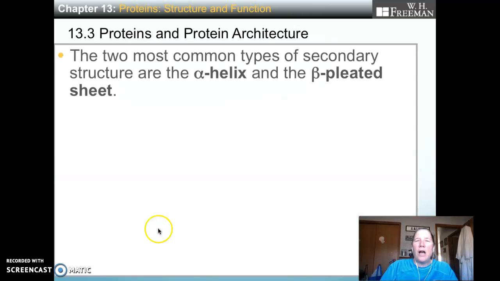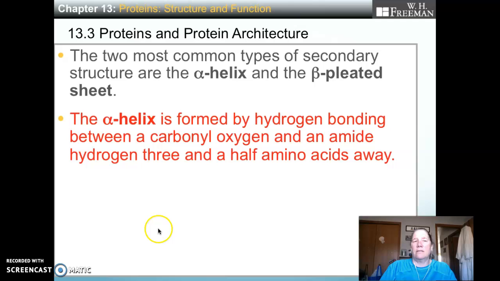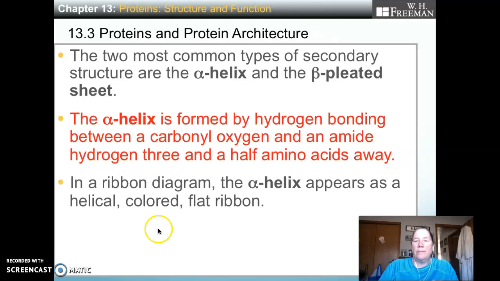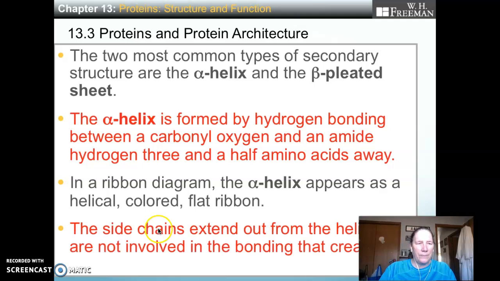So the 2 common ones are pleated and helix. Helix is a spiral. If it's a helix, it's formed by the hydrogen bonding and the carbonyl group, that carboxylic acid, and it looks like a ribbon. So it either can be helical shaped, spin around, or it'll be pleated. That's your secondary. And I think that's where we got to quit. So we'll quit right here. So that's our secondary, helical or pleated.